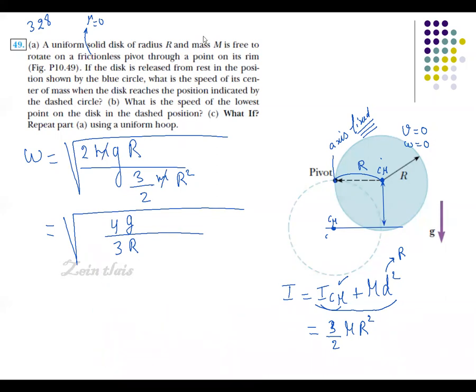Here I ask you to find the speed of its center of mass. I calculated omega, but it's not the speed, it's not v. I need to calculate VCM.